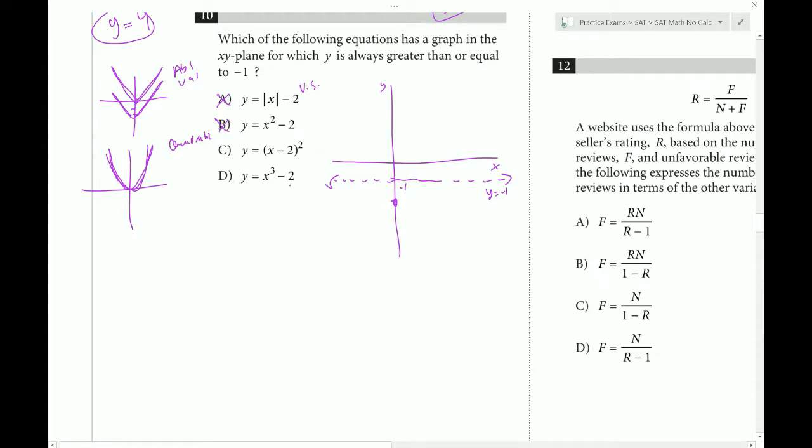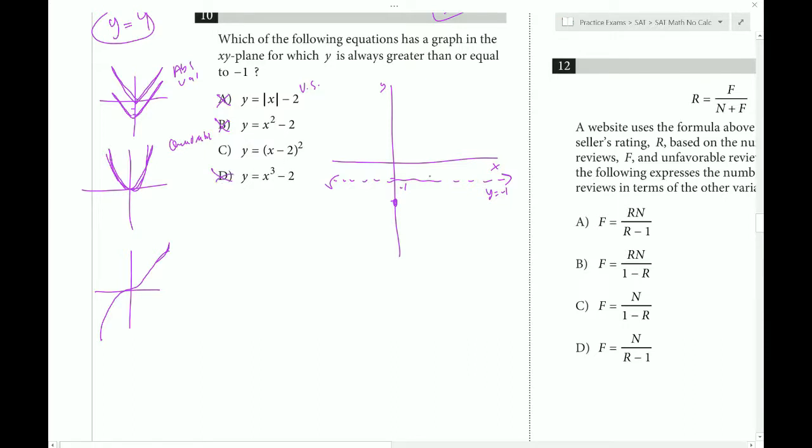Now, if we skip down to answer choice D, it also has the negative 2 there. And so we have a cubic polynomial, which has sort of this look to it. Okay. And, of course, that will also dip below, and that's no good.